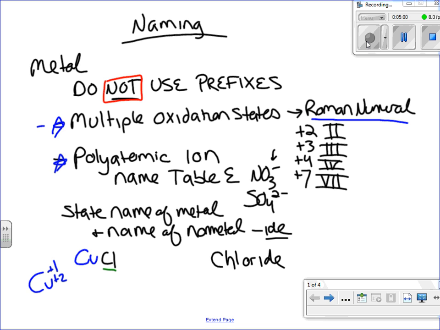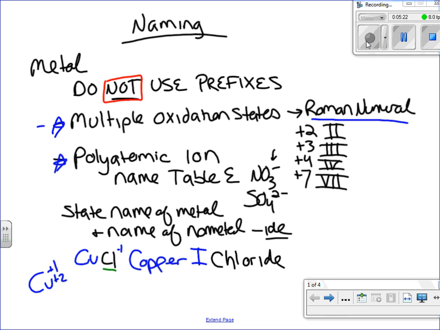So I know it's copper, so I'm going to write the name of the metal because that's always how you start. And I have to figure out if it's using +1 or +2. Chlorine, we can just reverse the flip-flop. We know chlorine's -1. It's a 1-to-1 ratio, so this must be copper 1 chloride.